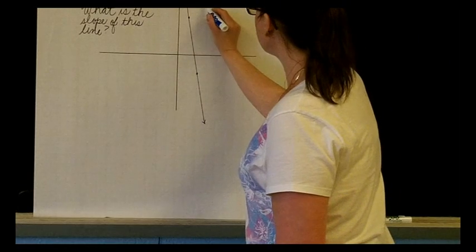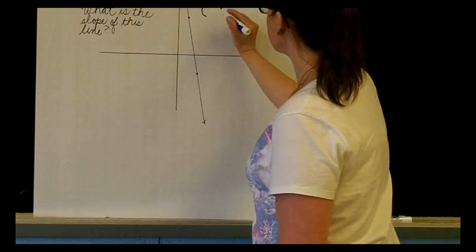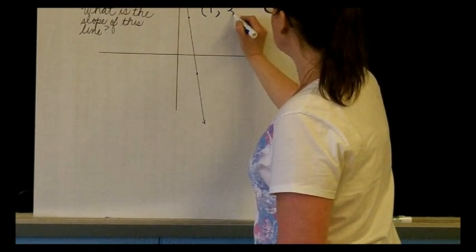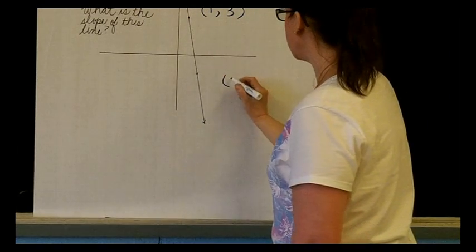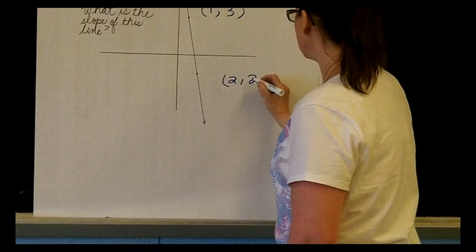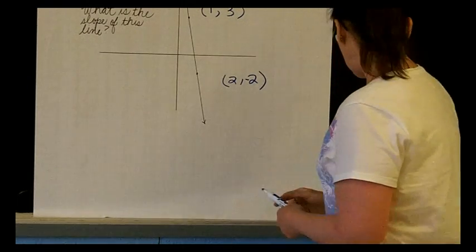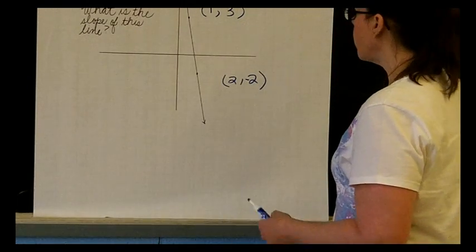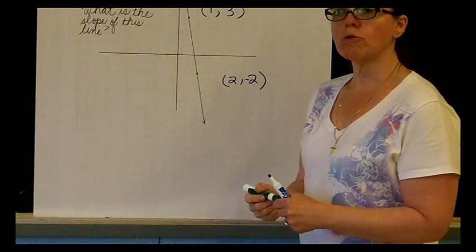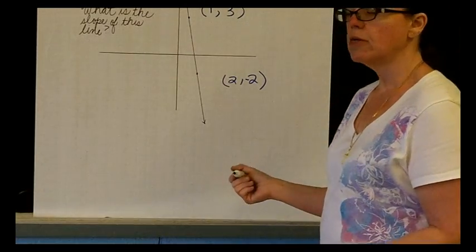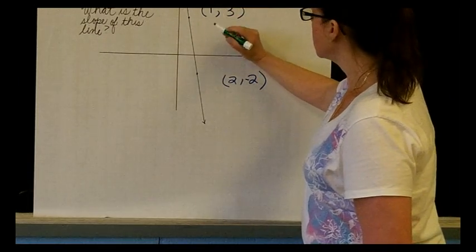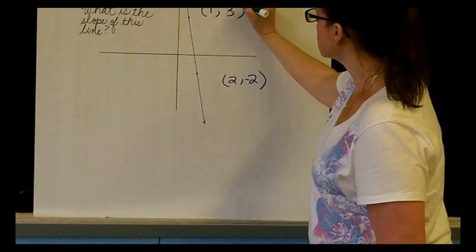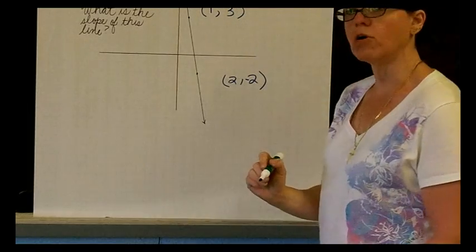Here we have point 1, 3. And here we have point 2, negative 2. Now that we have our 2 points, we can very easily determine what the line's slope is. The first thing I'm going to do is label this ordered pair as x sub 1 and y sub 1.